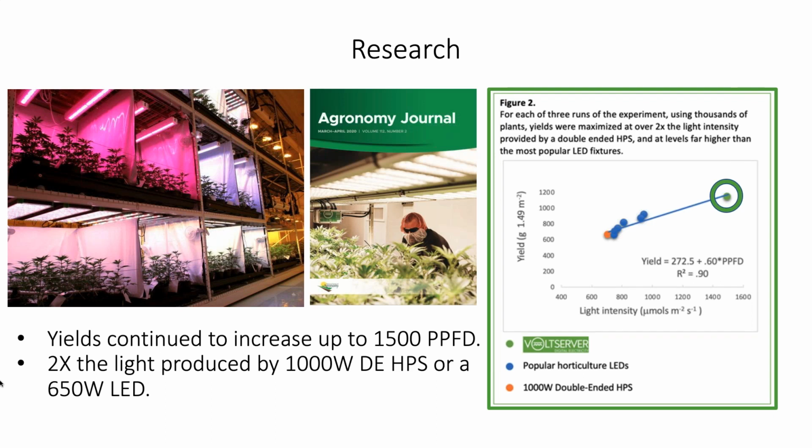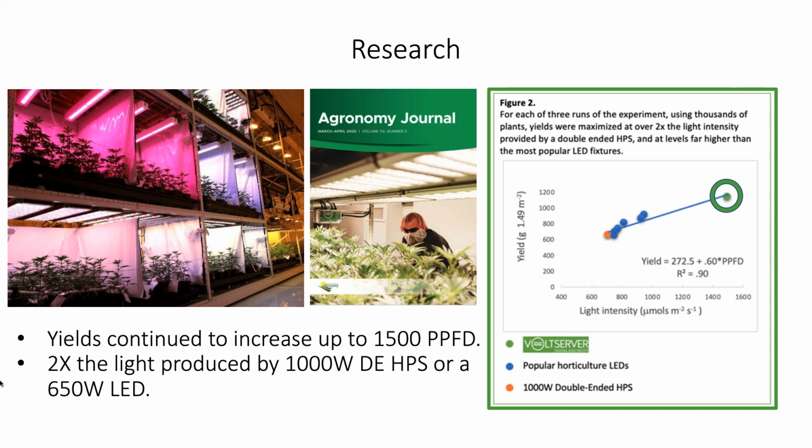And what the results showed was that yields continued to increase up to 1,500 PPFD. That 1,500 may mean nothing to you, but to put it in context, 1,500 PPFD is about twice the light produced by a 1,000-watt double-ended HPS, or twice the light produced by a 650-watt LED, which is kind of the standard LED HPS replacement in the market right now.